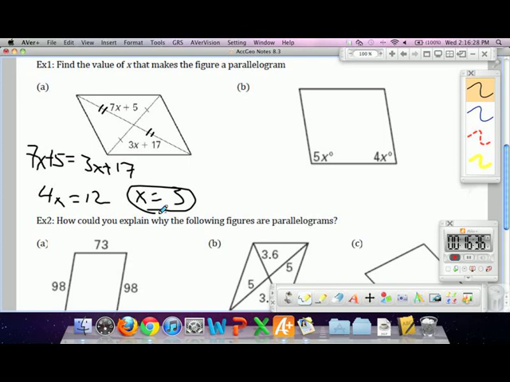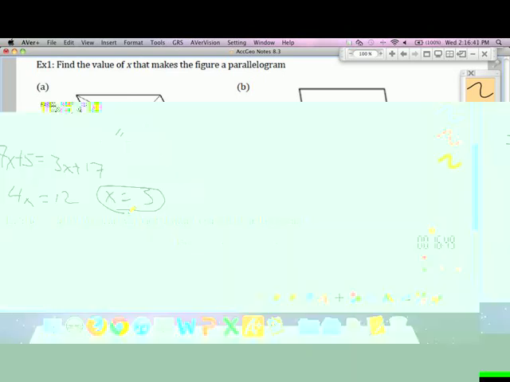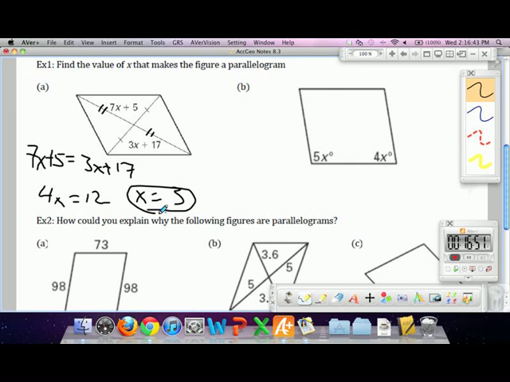Similarly, what should be true about this angle pair if this is a parallelogram? Those things better be supplementary if this has any chance of being a parallelogram. If these are supplementary, then we get parallel lines, and now we're on our way.